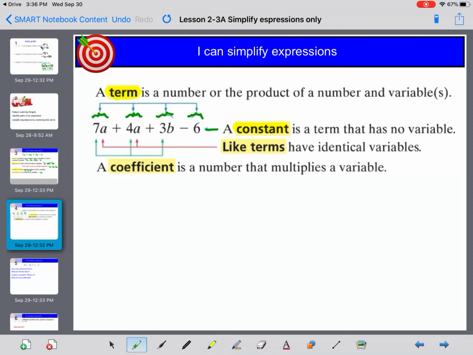And so the constant is right here, the minus 6. The like terms have identical variables. The ones that have identical variables are 7a and 4a. And lastly, the coefficient of a term is the number that multiplies by a variable. So it's the number in front. That would be the 7, the 4, and the 3.